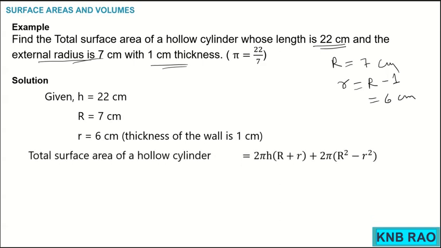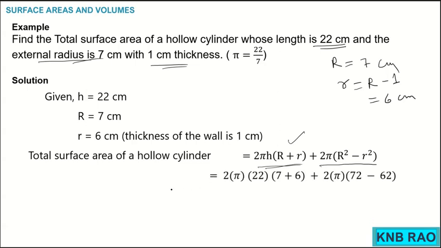The total surface area of a hollow cylinder is 2 pi h of capital R plus small r. This is CSA of the shell, and the cylindrical shell will have CSA of the shell along with 2 times the circular paths, one for the above and one for the below bases.